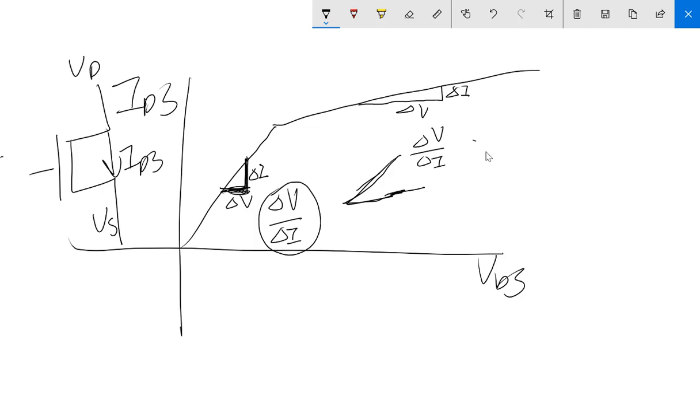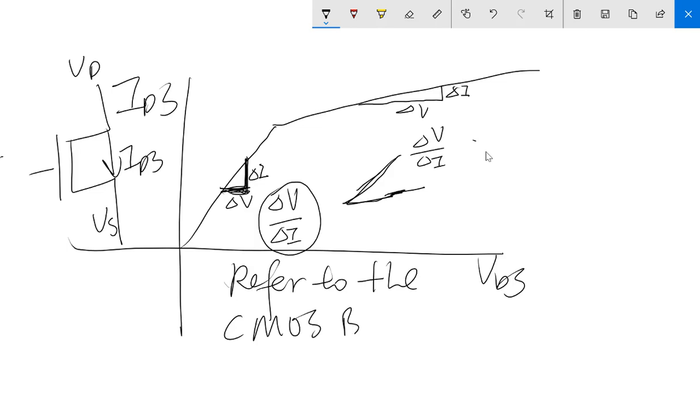And for the small signal model, there are two things. Refer to the CMOS book by Dr. Baker.